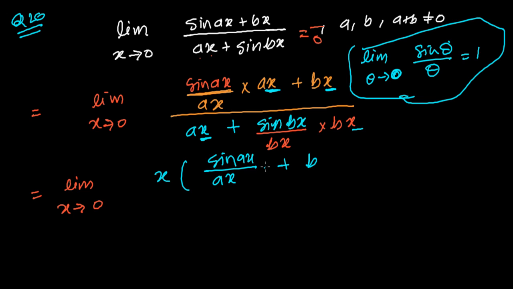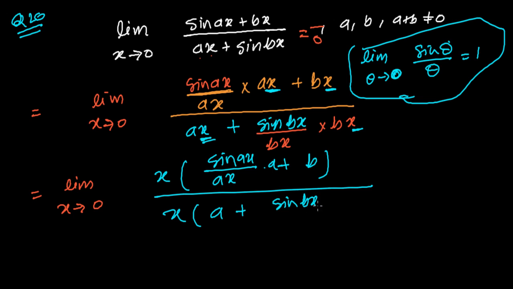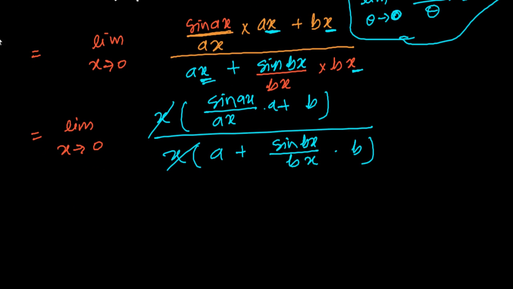Further, from the denominator I can take x common again, and I will be left with a plus sin bx divided by bx, times b. And this x and this x get cancelled, and now it's time to insert the approaching value.